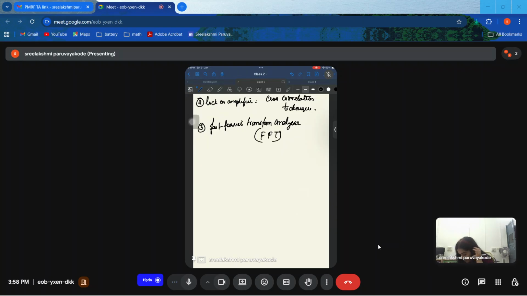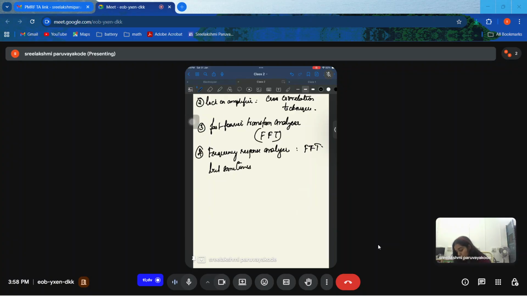Besides the FFT analyzer, we also have something which is called the frequency response analyzer. In most of the cases, this is an FFT, but sometimes it's also cross correlation.